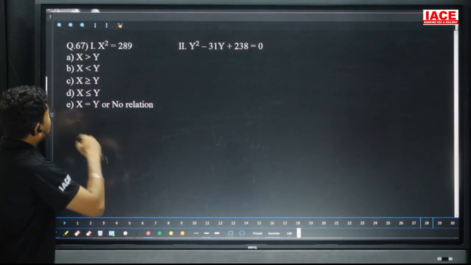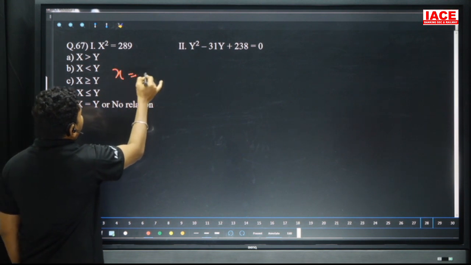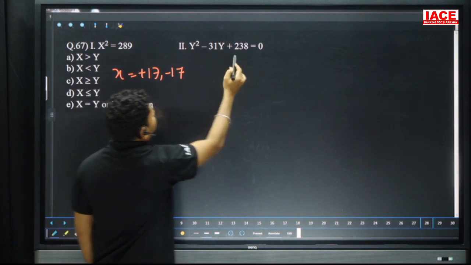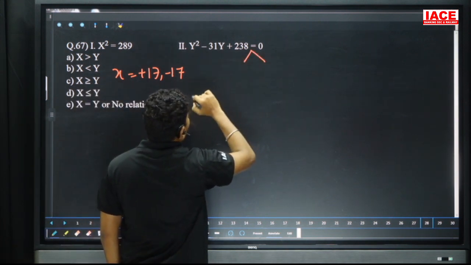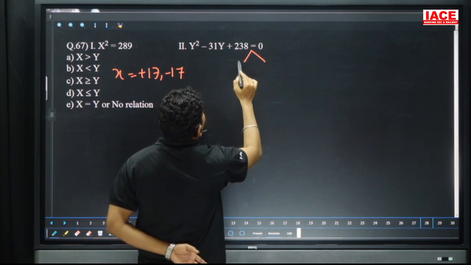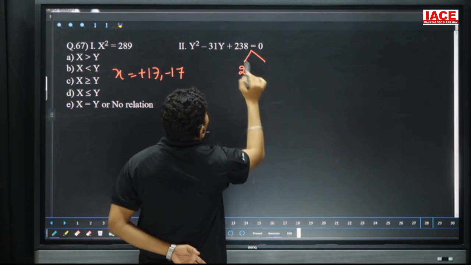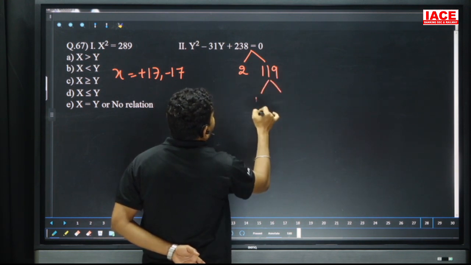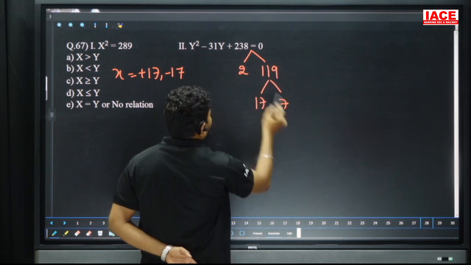Next, x square is equal to 289, x is equal to plus 17 comma minus 17. Y square minus 31 and 238. Here is how to write. Here 238. So 2 separate it, you will get 2 ones are 2, 2 119, and we can write 17 sevens, 7 twos 14.